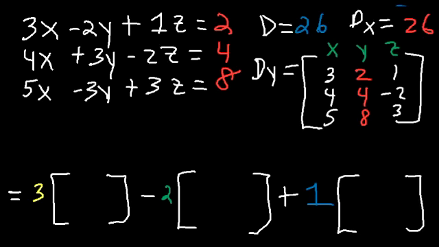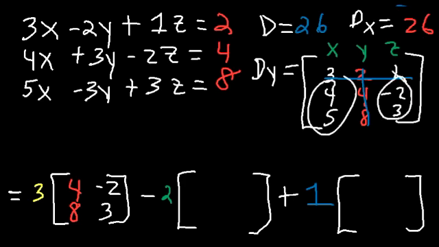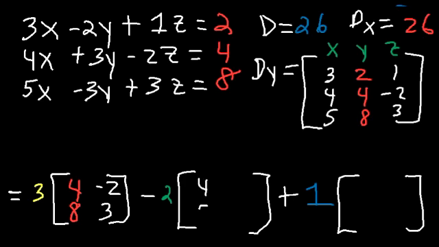So once we eliminate the 3, what we have left over is 4, 8, negative 2, 3. Now once we eliminate the 2, what we're going to have left over is 4, 5, negative 2, 3. And finally, if we get rid of the 1, what's left over is 4, 5, 4, 8.